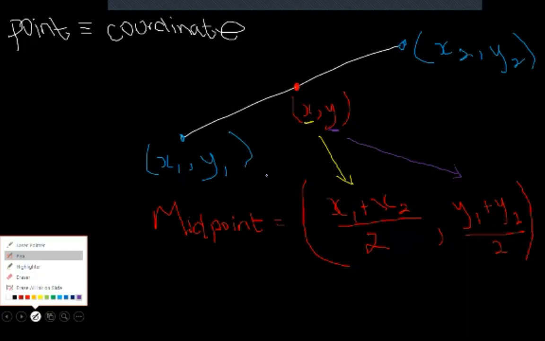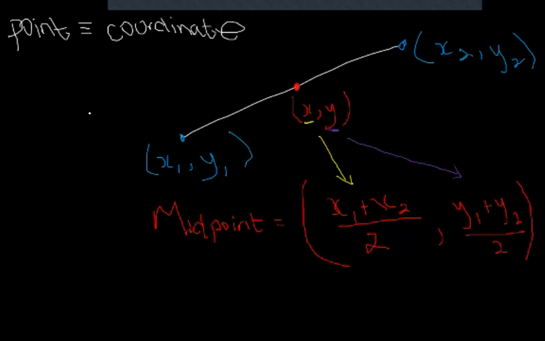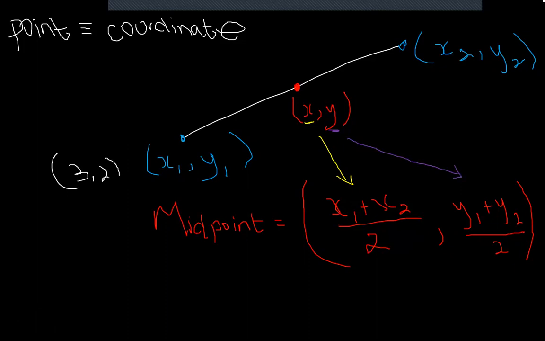Let me show you an example. Say this coordinate down here was 3, 2, and this one was 8, 7. If I wanted to find the midpoint of this line, so I want to find this dot right here, just substitute the values.